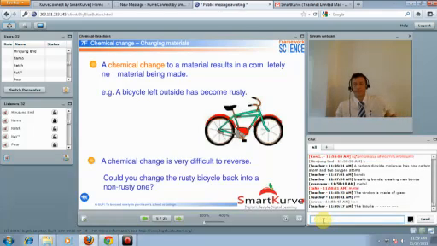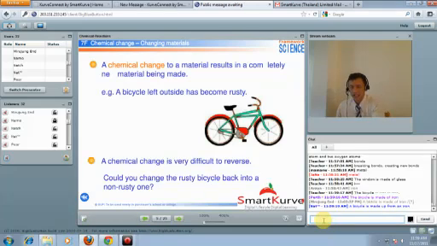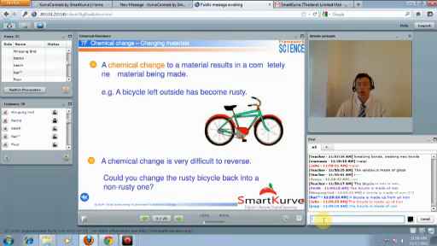Excellent. The bicycle is made of iron. You don't need the extra word. You can just use the form that Perth used. The bicycle is made of iron. That's all you need to say. Good, terrific.